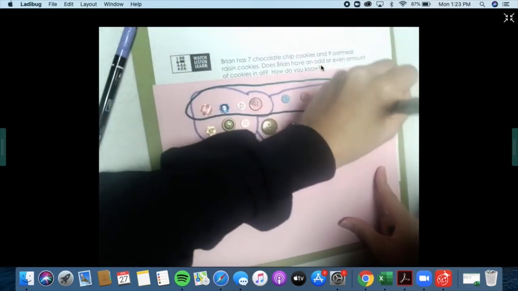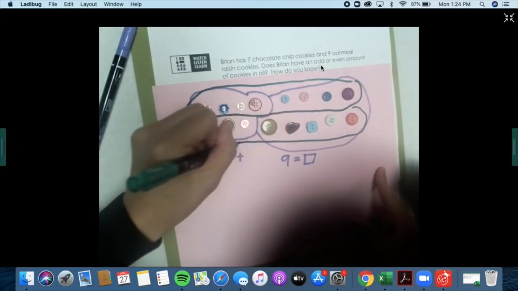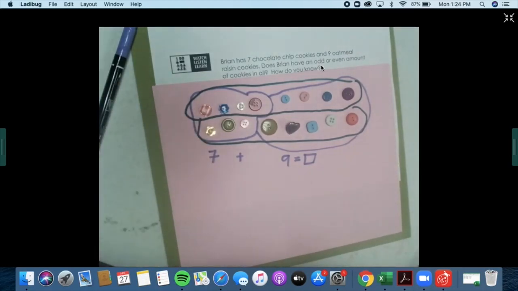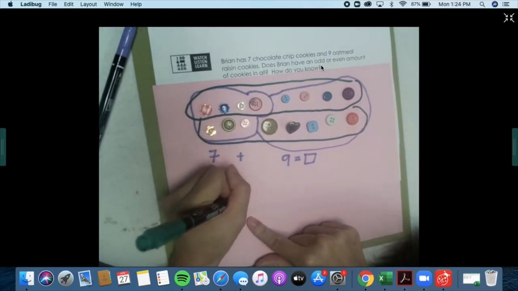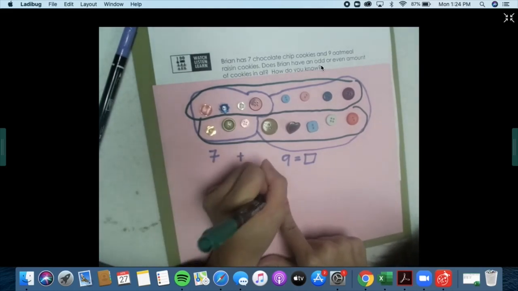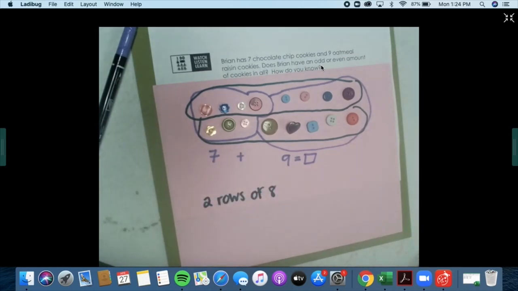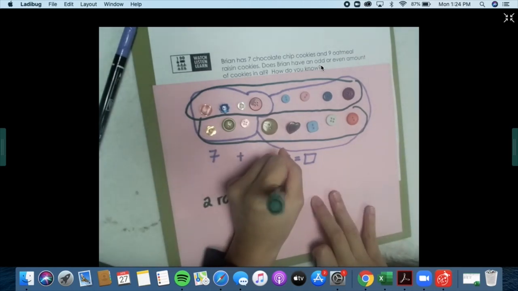And then circle this row of 8 in green. And so I have 2 rows of 8. And then 2 rows of 8 equals 16.